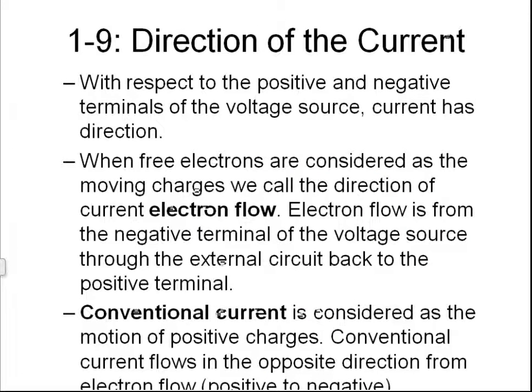How does current flow? Well, earlier we talked about electron flow, where electrons move from negative to positive due to repulsion and attraction. However, in the real world, most schematics, in the United States anyway, are written in terms of conventional current, where we consider the motion of the positive ions or the positive charges.